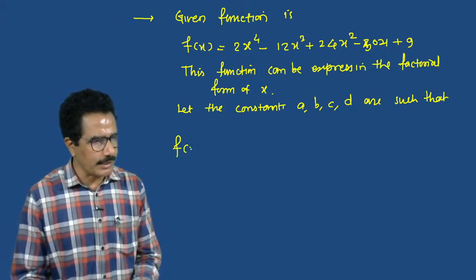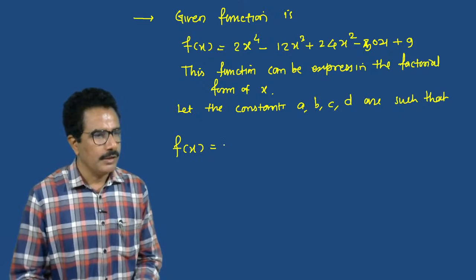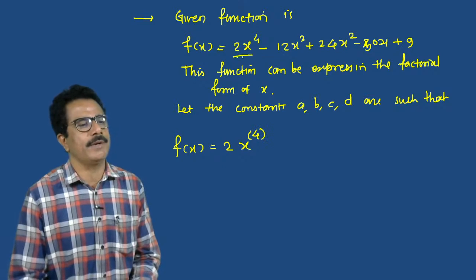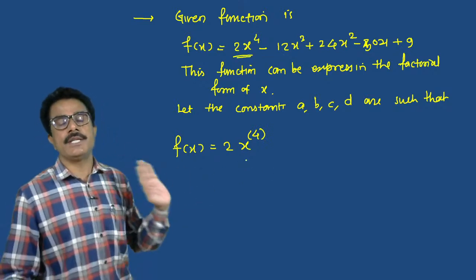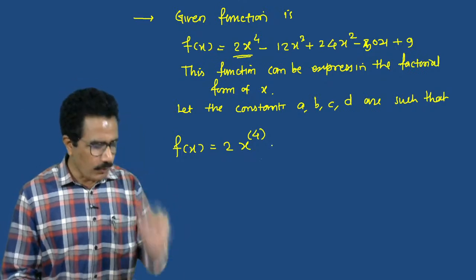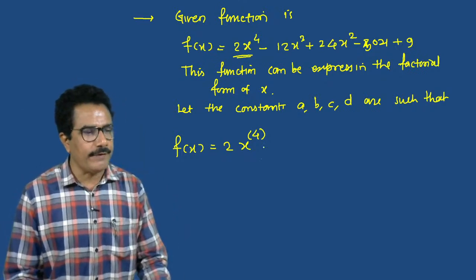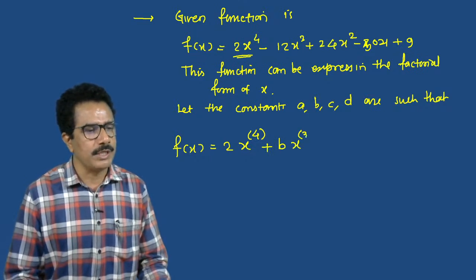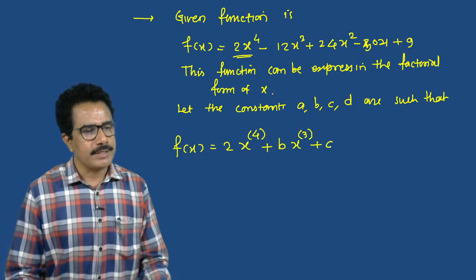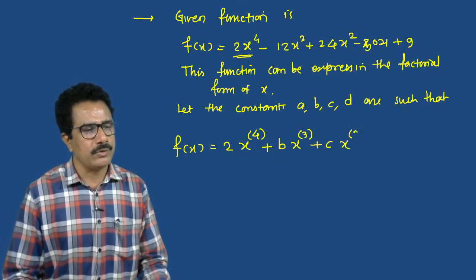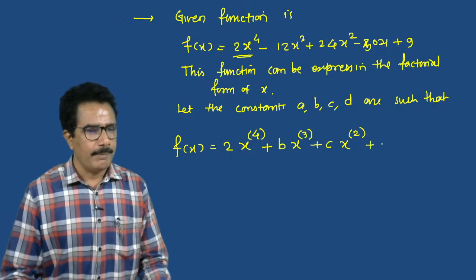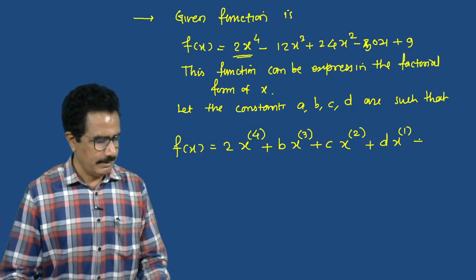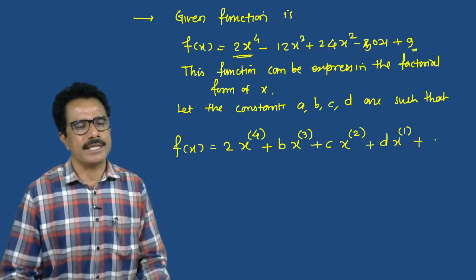So f of x is equal to 2 into x raised to 4 factorial. Suppose the first function we keep as it is; it is not necessary to write this. Now we have to write the remaining function in the factorial form: plus b into x raised to 3 factorial plus c into x raised to 2 factorial plus d into x raised to 1 factorial, plus the constant term 9 as it is.